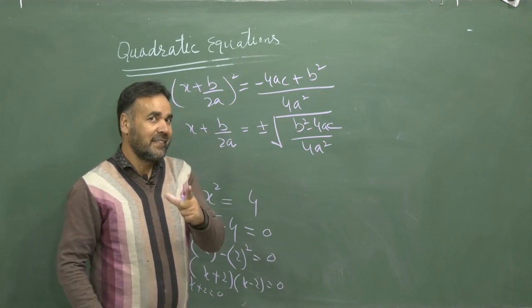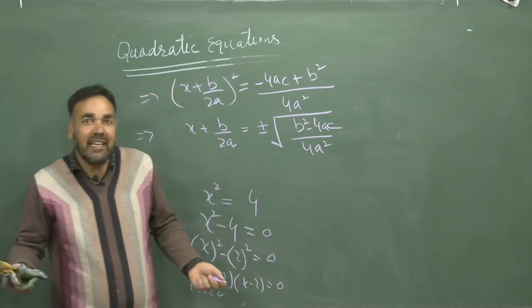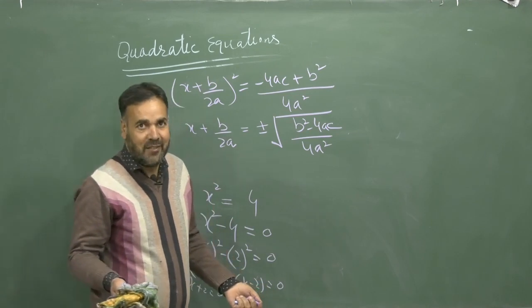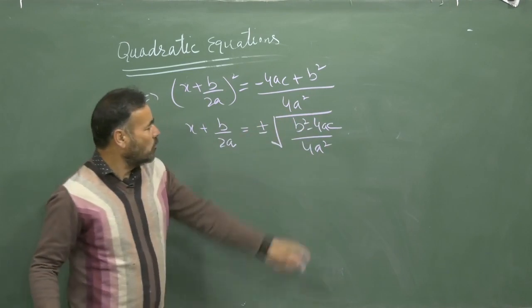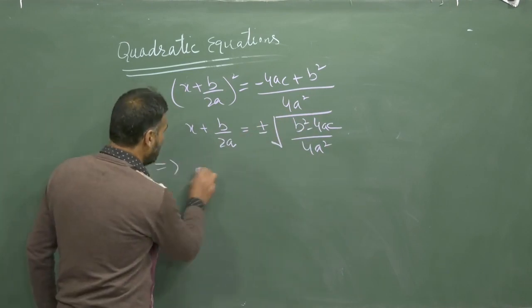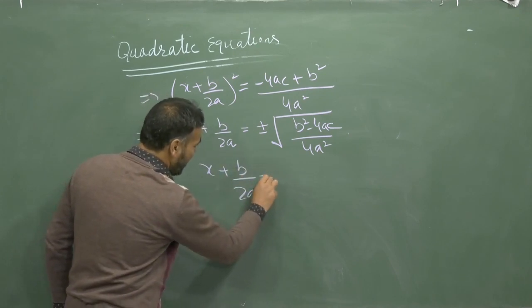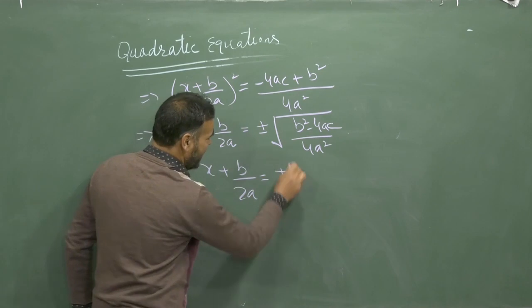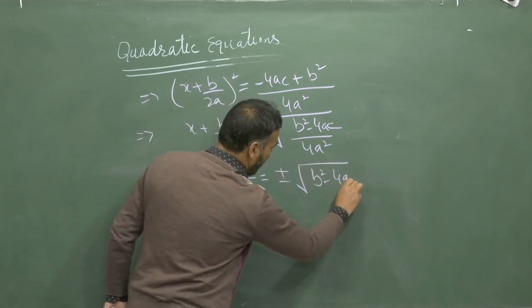Second part, since it is a quadratic equation, it has always two roots. So plus and minus under root of b square minus 4ac divided by this. Can we say now it is x plus b divided by 2a equal to plus and minus square root of b square minus 4ac.